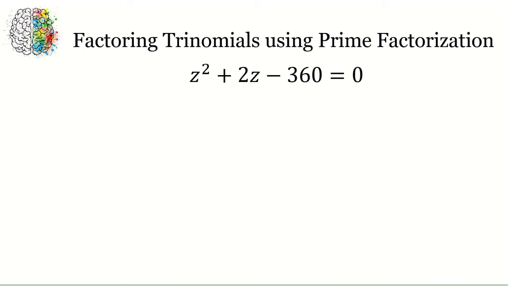In this next example, we have the trinomial z squared plus 2z minus 360 equals 0.